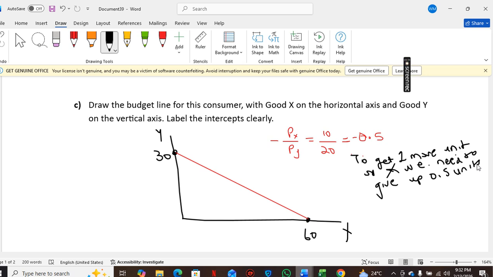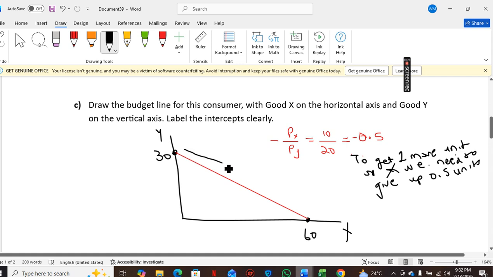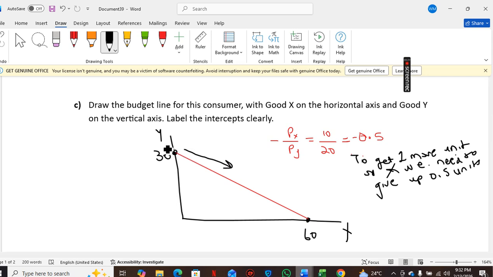Just remember, as we move down this slope, we're giving up Y to get X, because we'll be moving towards 60 here. The further we go down this slope, we're giving up units of Y and gaining units of X, until we give up all our units of Y and have all units of X, which is 60 units.